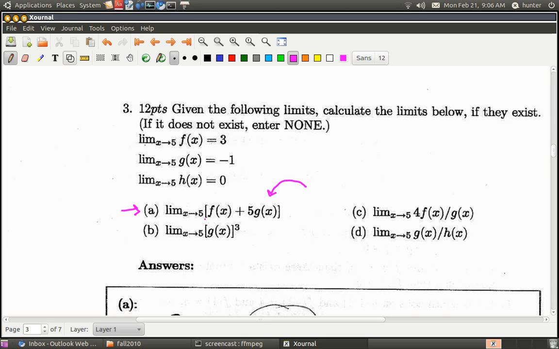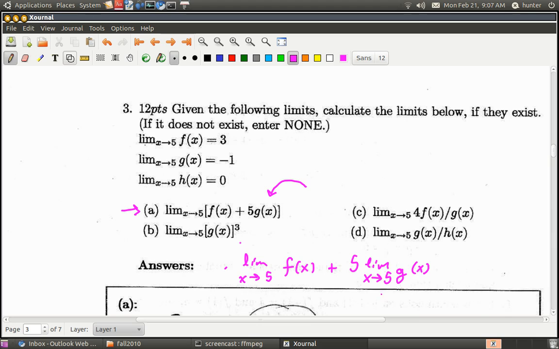So the limit as x goes to 5 of f of x plus 5g of x is the same thing as the limit as x goes to 5 of f of x plus 5 times the limit as x goes to 5 of g of x.